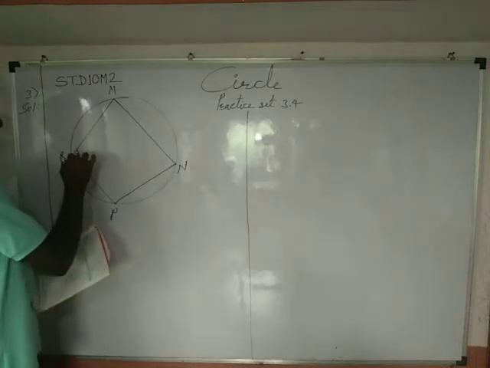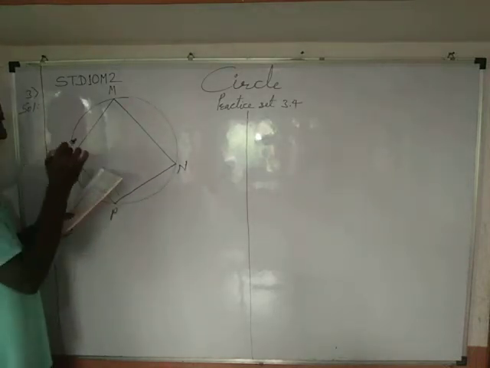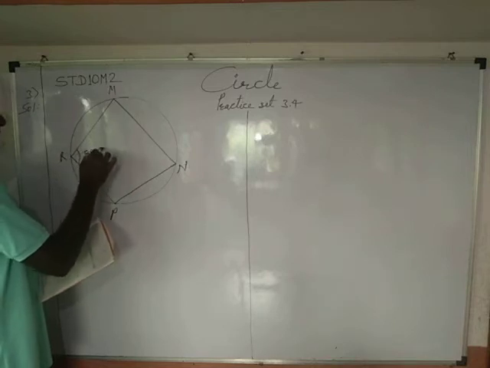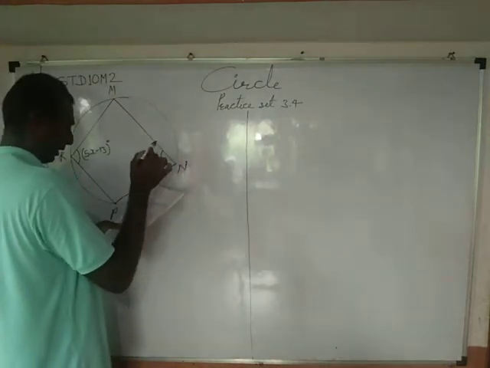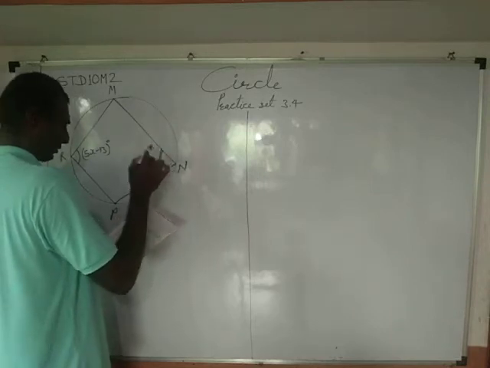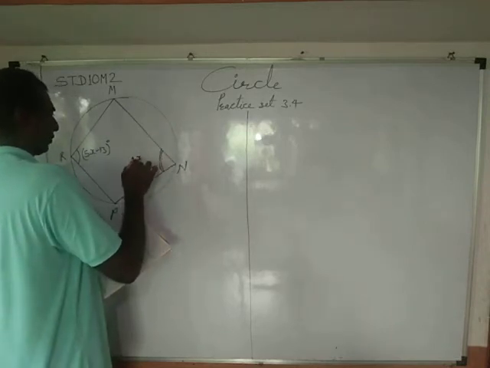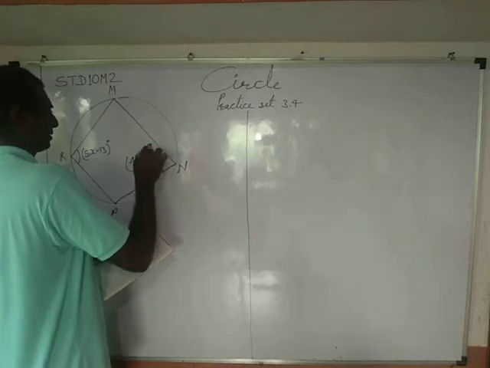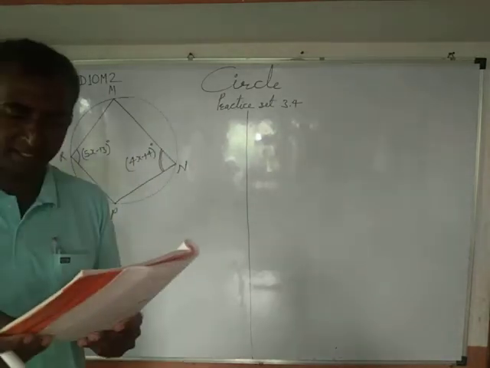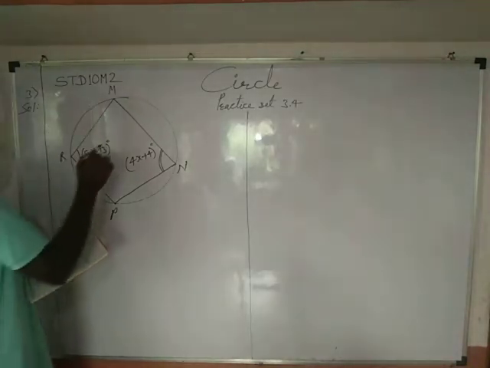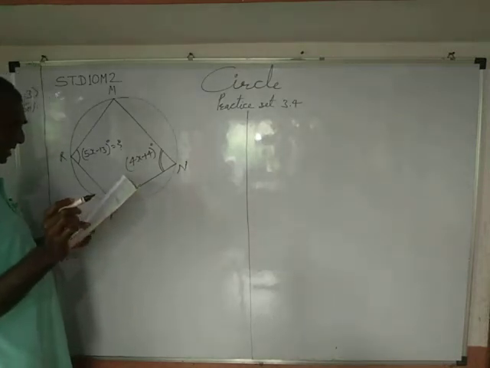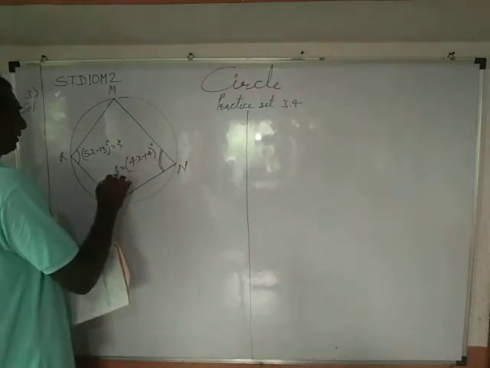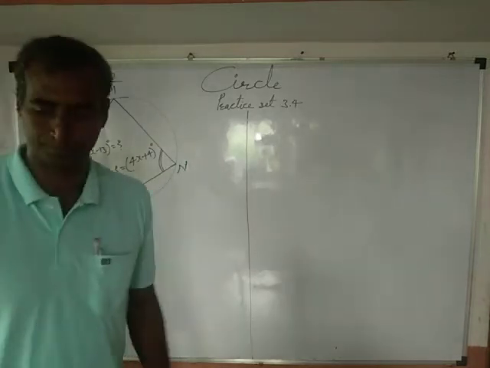Angle R is 5x minus 13 this much degree, and angle N, okay, angle N 4x plus 4 this much degree. Find measure of angle R, means what is the value of 5x minus 13, and angle N, what is the value of 4x plus 4.